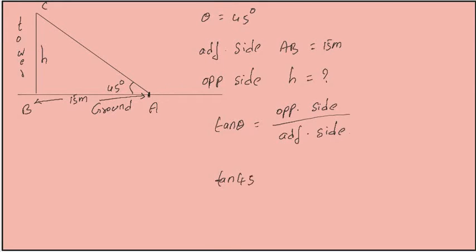Tan 45 is equal to opposite by adjacent. Opposite is h, adjacent is 15. Tan 45 value 1. So can I write 1 by 1 is equal to h by 15. Cross multiply. 15 into 1, h into 1. That implies h is equal to 15 meters. So completed. How simple it is. Do you understand?